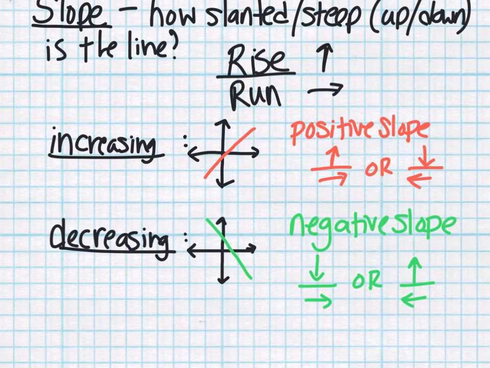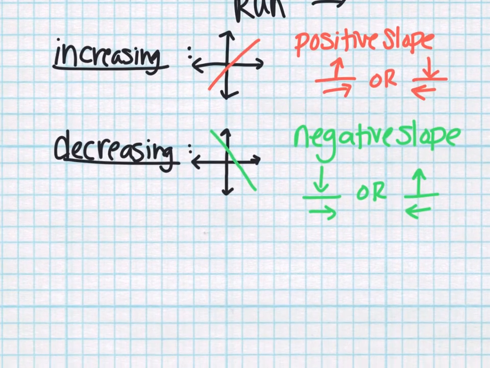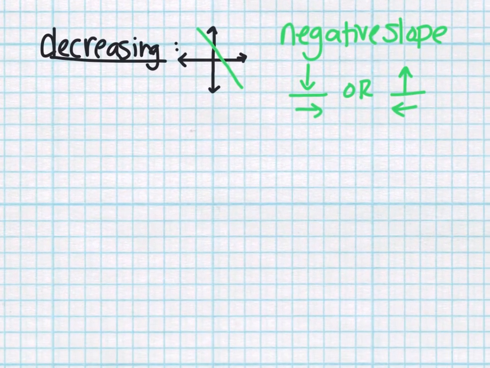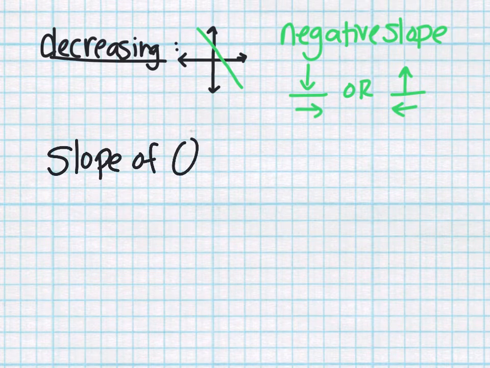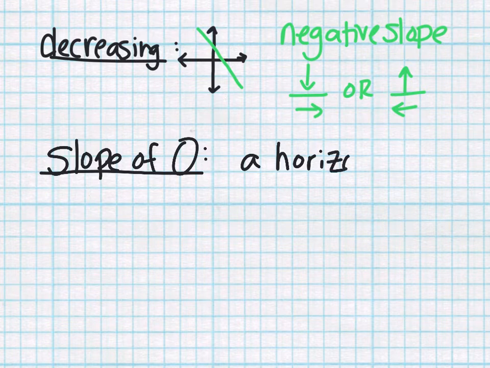Occasionally, we will have two other options. We will have a slope of 0 and no slope. Slope of 0 is just a horizontal line. It's perfectly flat.